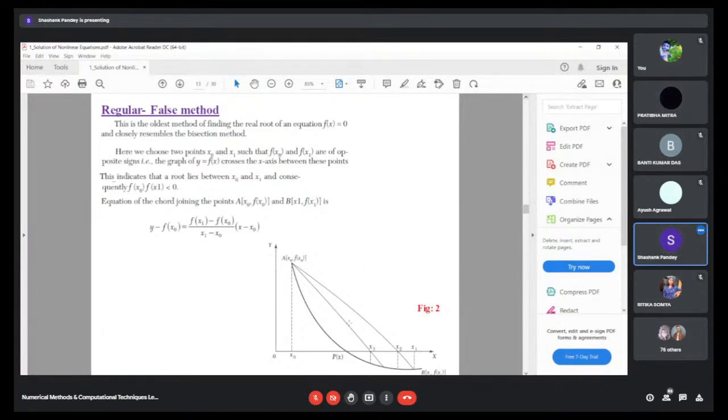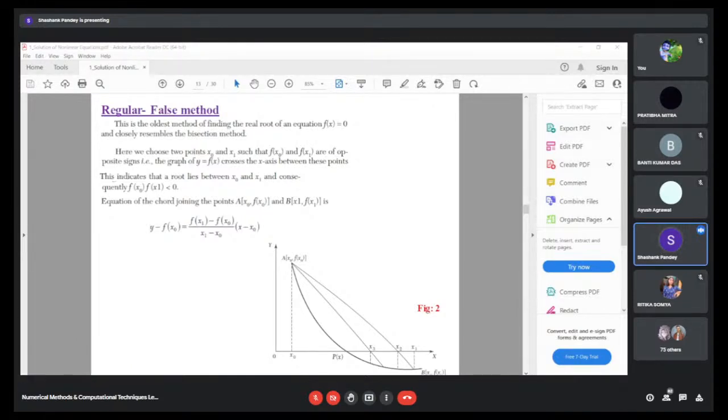We take this x2 as one of the roots, substitute y equal to 0, and express x2 in terms of x1, x0, f(x1) and f(x0). This is how we have calculated one of the roots as x2.